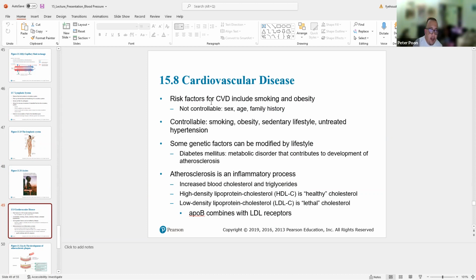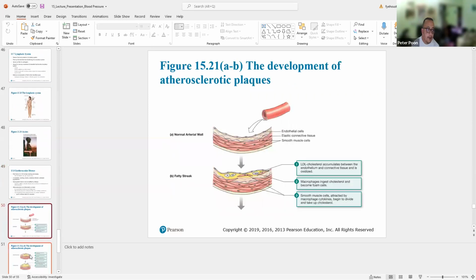So, risk factors for cardiovascular disease. Smoking, obesity. Not controllable: sex, age, family history. Controllable things: obesity, untreated hypertension, etc. Diabetes. Atherosclerosis. I'm sure you guys already know all of these. These are plaques.